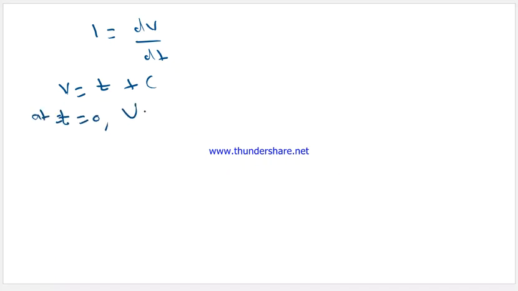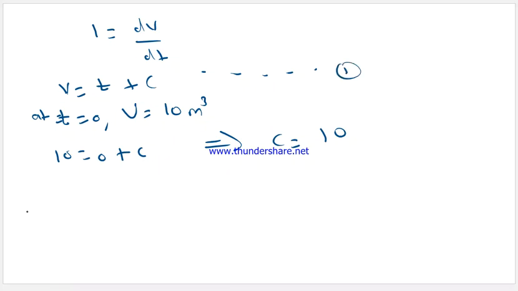At t equals 0, our V is equal to 10 meter cube at the start. Therefore, 10 is equal to 0 plus C. That means our constant of integration is equal to 10. Therefore, when we substitute back into this equation, we have V is equal to t plus 10.